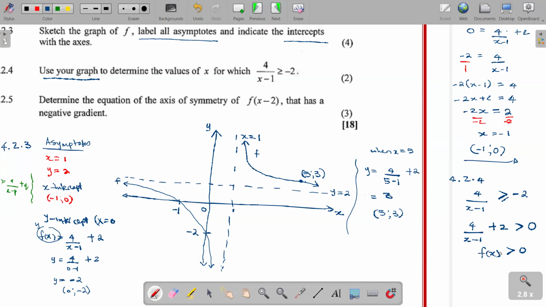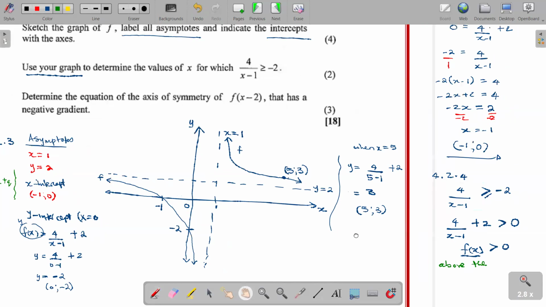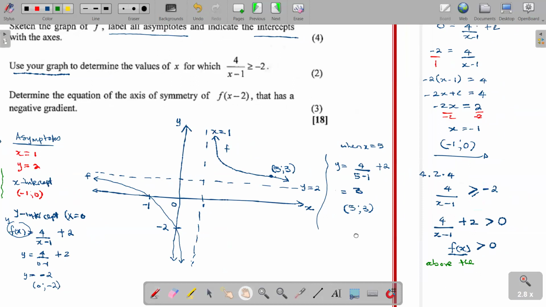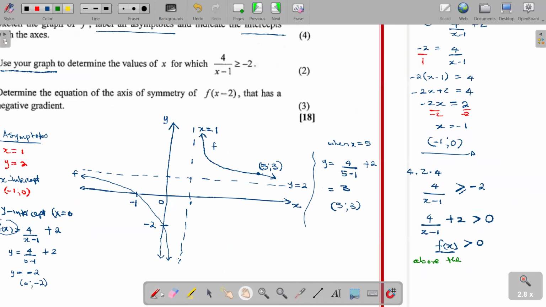When we are saying our function is greater than 0, what are we meaning? It means we want the part of f which is above the x-axis. That's the meaning of f(x) greater than 0.